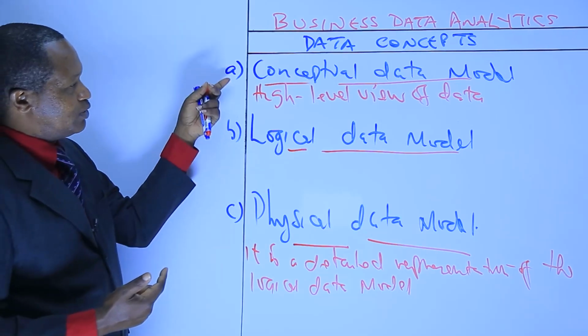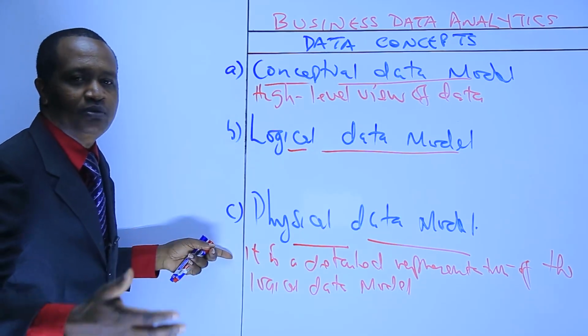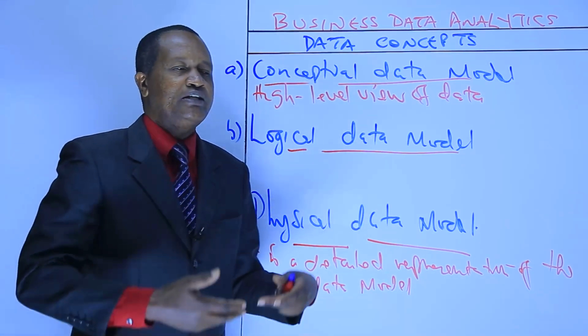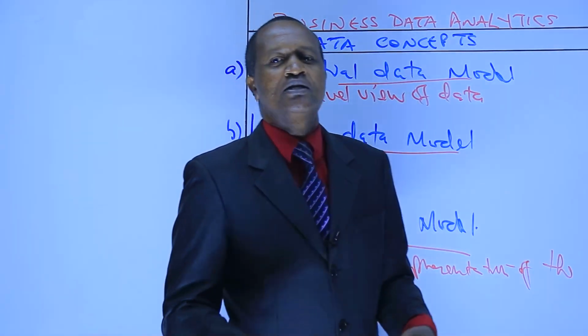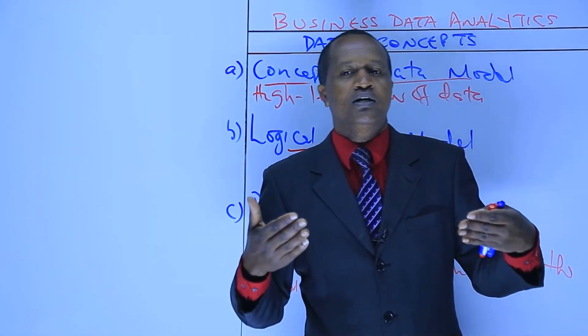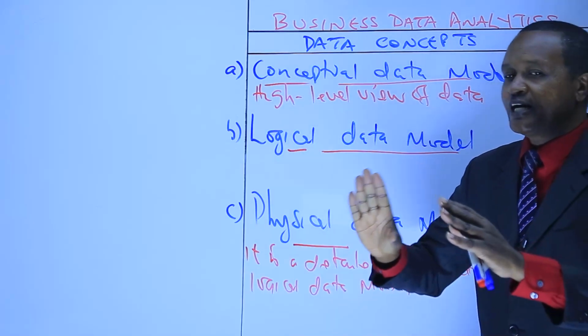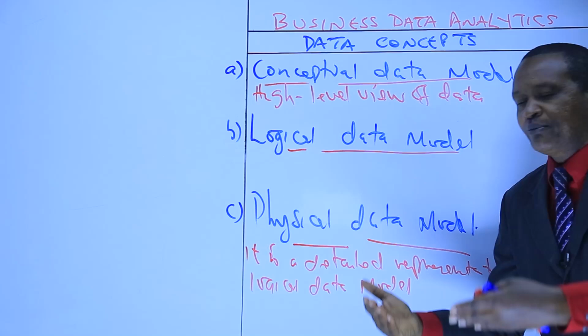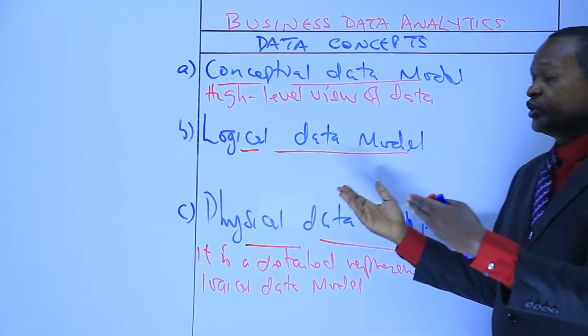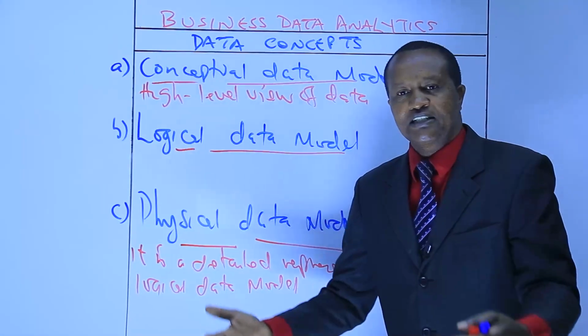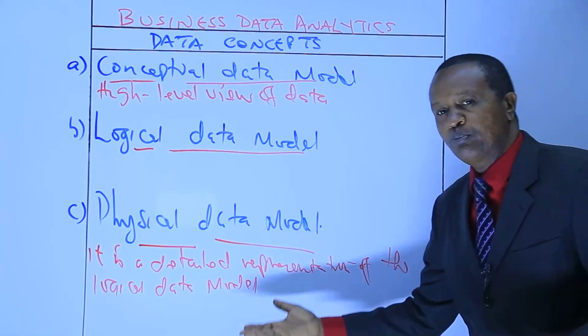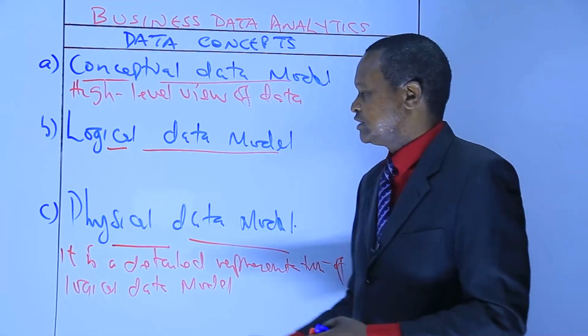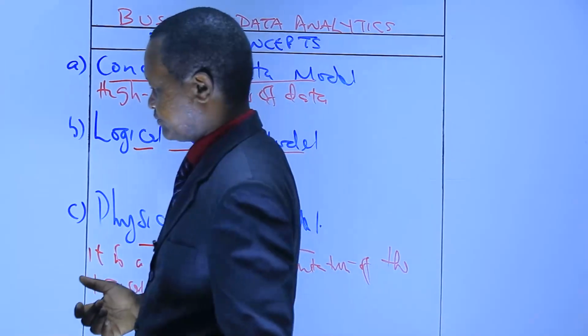And candidates, these models help to organize, they help to document, they also help to organize data requirements. These models also ensure that the data is accurate, the data is complete, and the data is consistent.